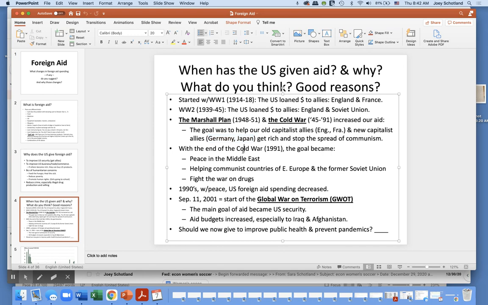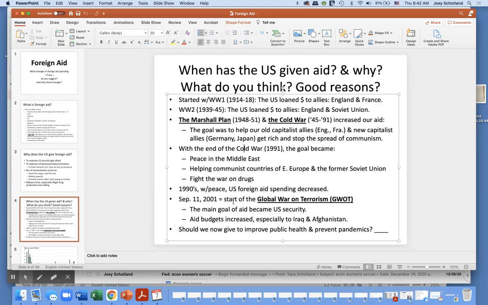When the Cold War ended in 1991, our goals became peace in the Middle East and helping the communist countries of Eastern Europe and the former Soviet Union go from communist to capitalist. We also want to fight the war on drugs. In the 1990s, again, the Cold War ended, so with peace, US foreign aid spending decreased until September 11th, 2001.